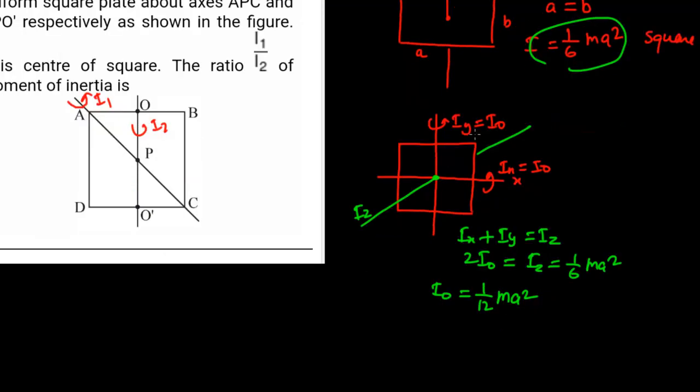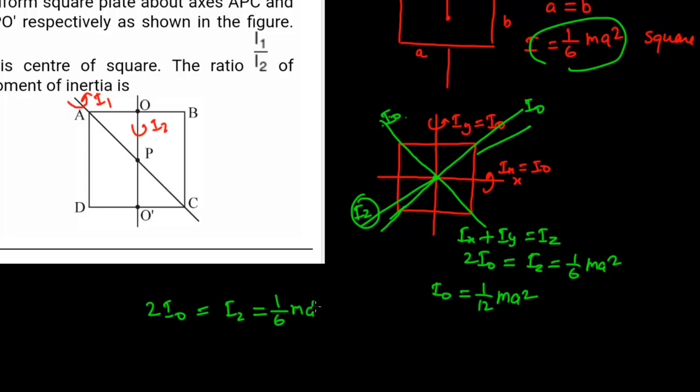Now I am going to see, if I take two axes which also lie in the plane but are diagonals. So this diagonal and this diagonal both lie in the plane, so their sum will also equal Iz. Again this is I naught, this is I naught, and their sum equals Iz. So 2 I naught equals Iz equals 1 by 6 m a square.